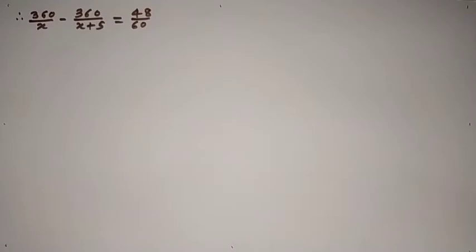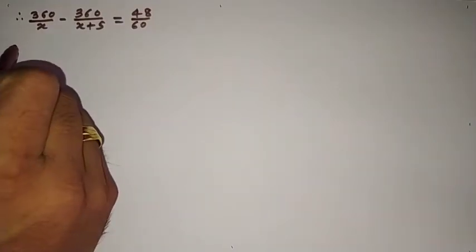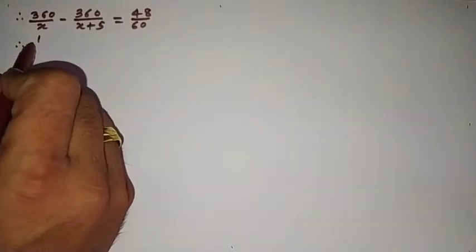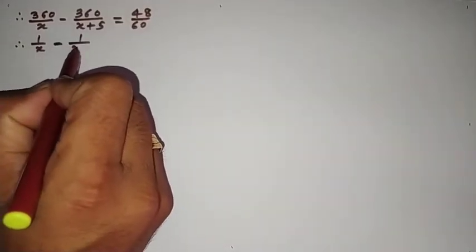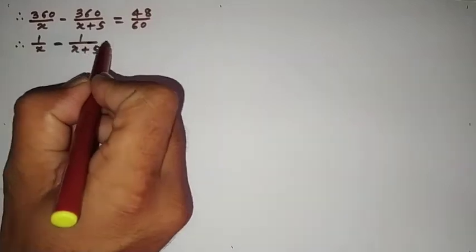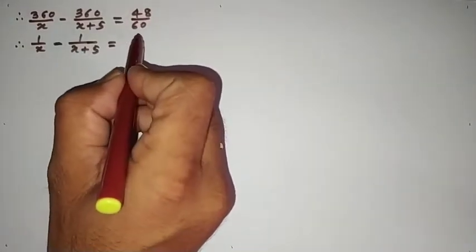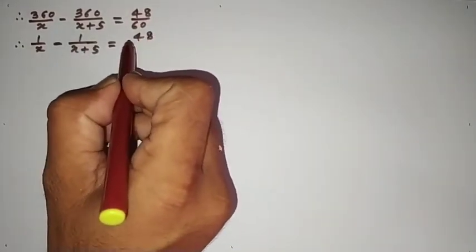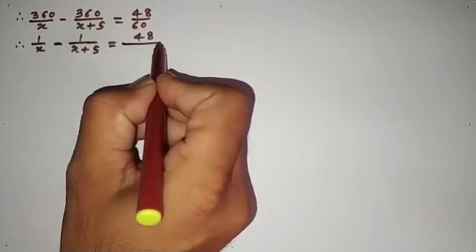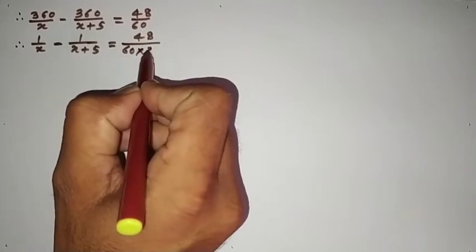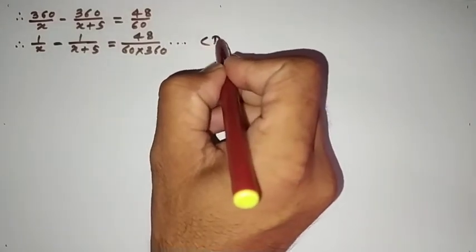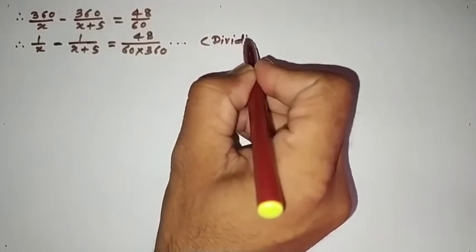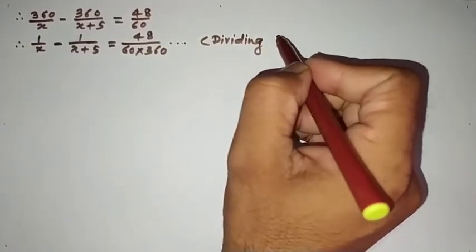Dividing both sides by 360, we get 1 upon x minus 1 upon x plus 5 is equal to 48 upon 60 into 360.